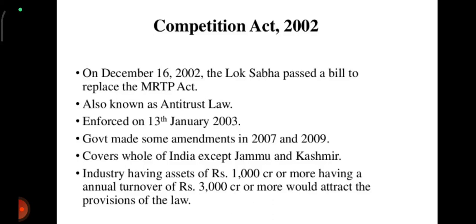It was enforced on 30th January 2003. The government made some amendments in 2007 and 2009. It covers all India, though not Jammu and Kashmir till legislation is made by the Legislative Assembly. And which industries are covered under it? Industries having 1000 crore of capital and an annual turnover of 3000 crore or more.